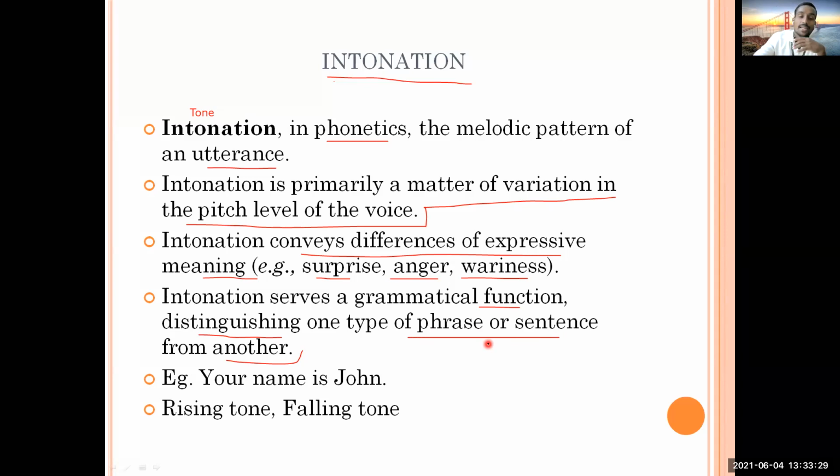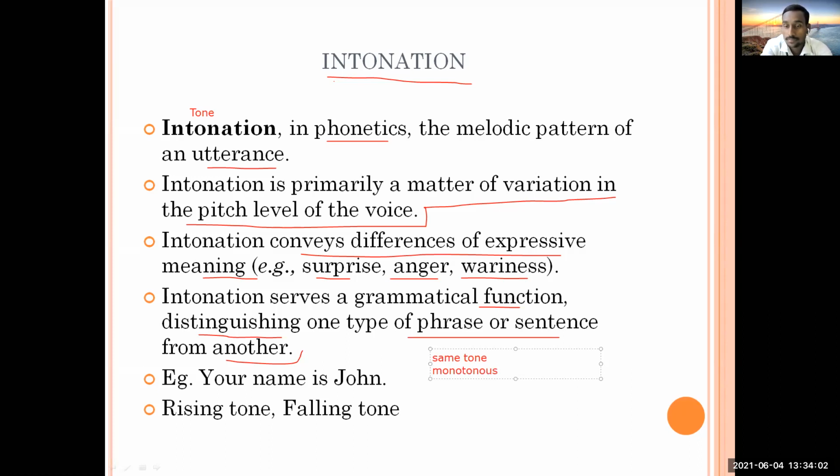If there is only one tone all the time, what will happen? Feelings are not expressed. Yes, feelings are not expressed. That will be one important point. They will become monotonous.